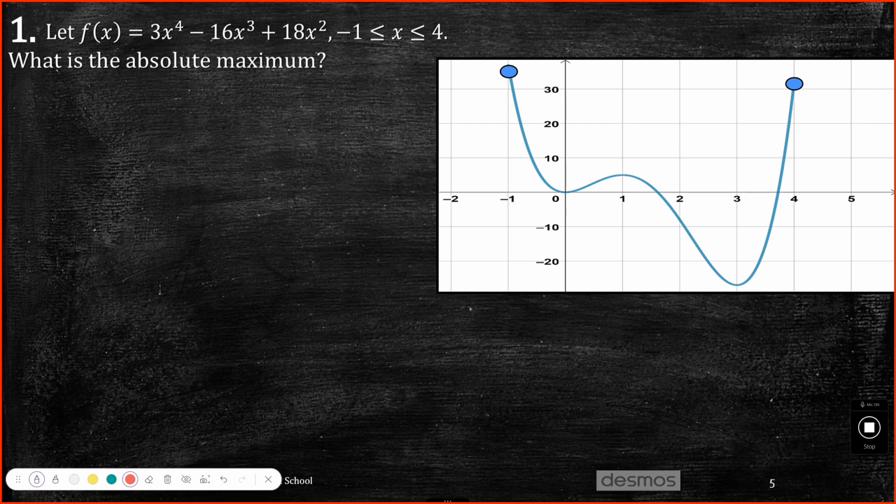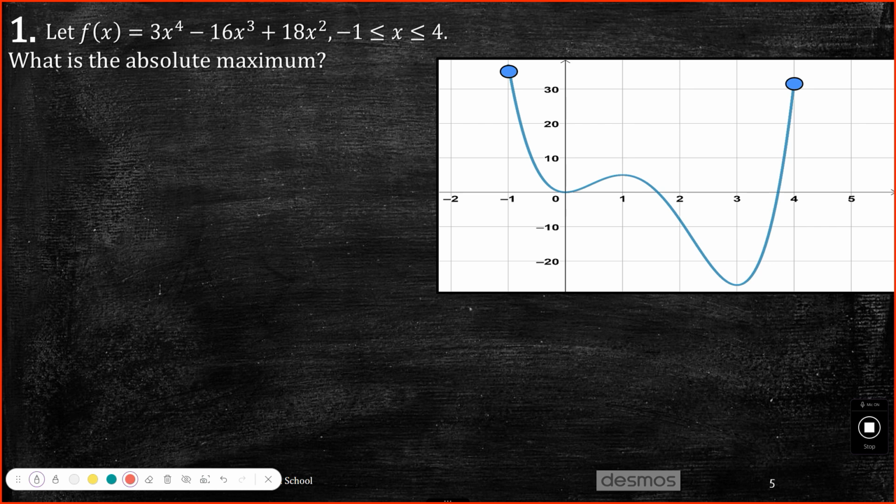It looks to be something like 35 or 37 or something like that. Let's practice using our calculators as well. Copy it down, input it in the calculator, and then just go ahead and do f of -1. What is the absolute maximum here?